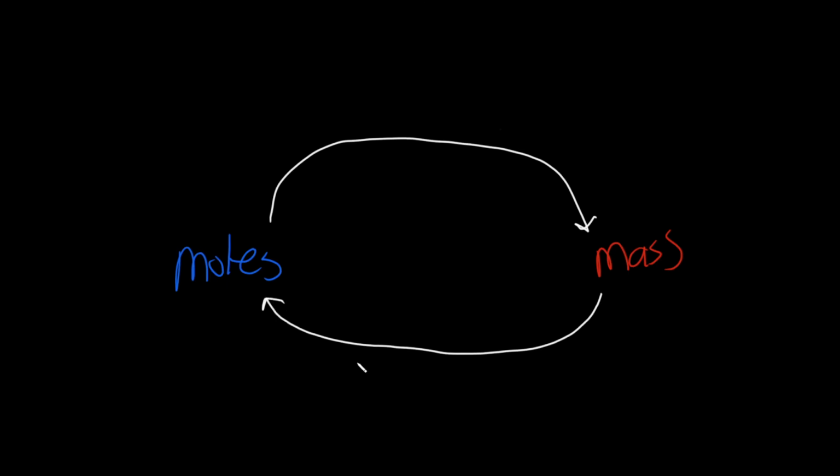Let's consider the units of molar mass. So molar mass has the unit grams per mole. So let's say that we have X moles of something, and we want to convert this into mass. And this means that we want the unit mole to cancel out, so that we're left with the unit gram.